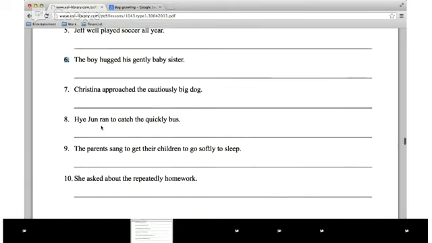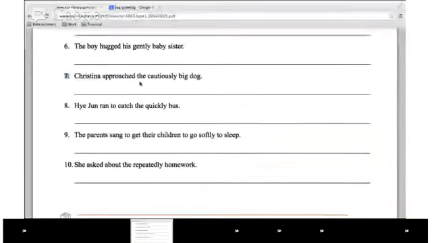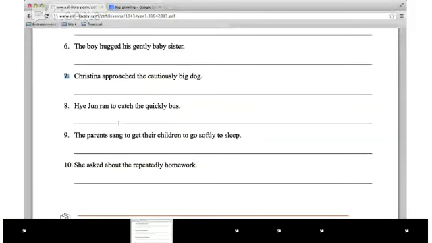Okay, let's go to number 7. Number 7 is for Halwani. Okay. So, Christina cautiously approached the big dog. Yeah, there you go. Cautiously approached the big dog. Okay, or we can say Christina approached the big dog cautiously.